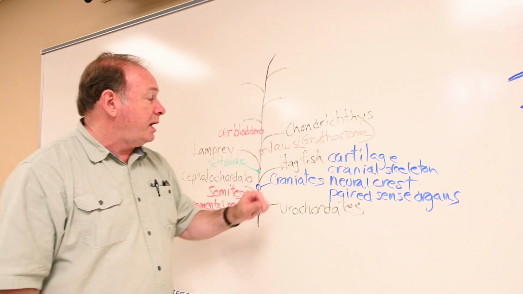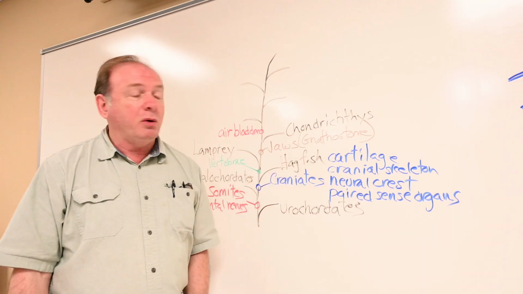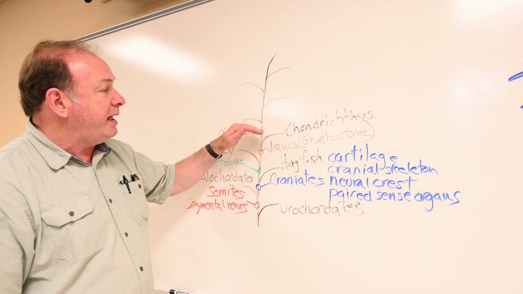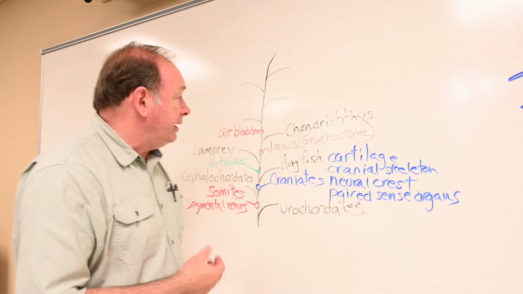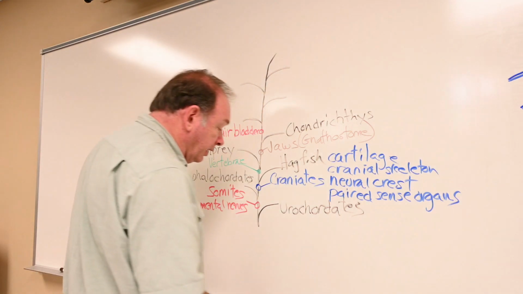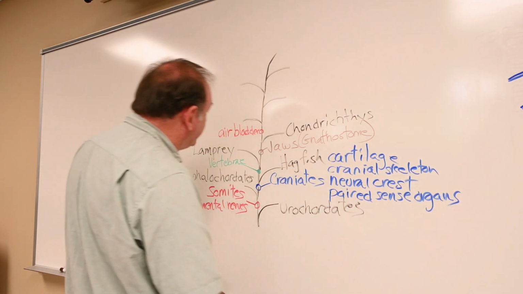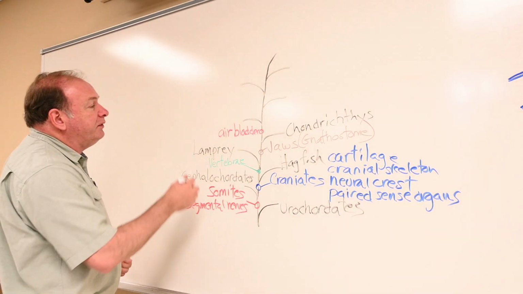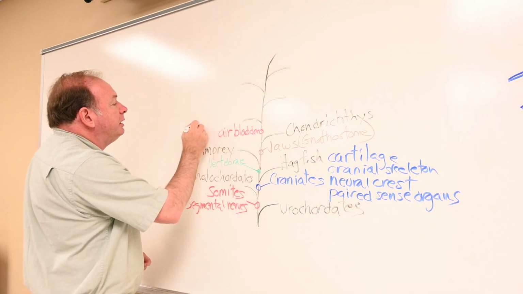So sharks don't have it, lampreys, hagfish don't have it. So none of these have that air bladder develop off of the wall of the pharynx. So this is the first time we see that feature. And it's in the ray-finned fishes, the Actinopterygii.